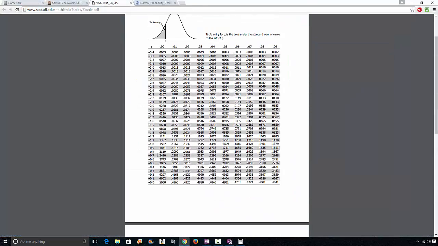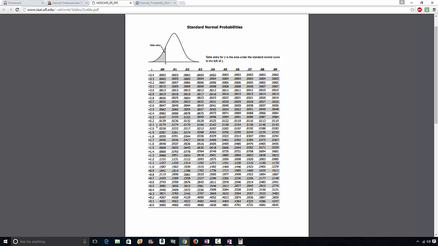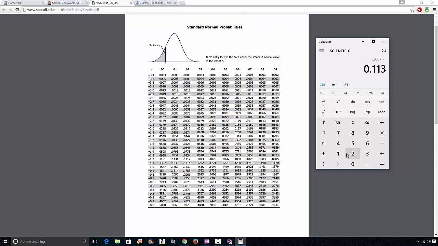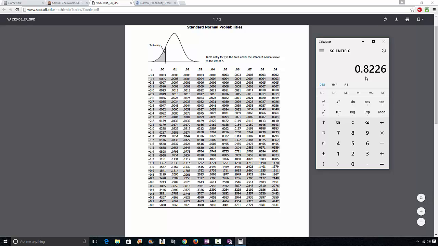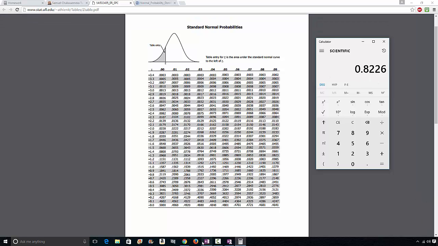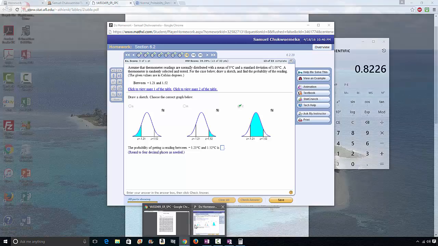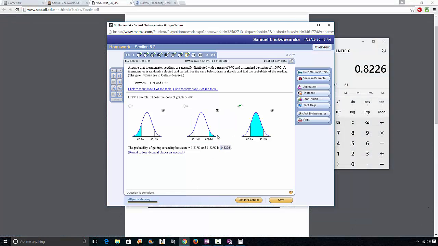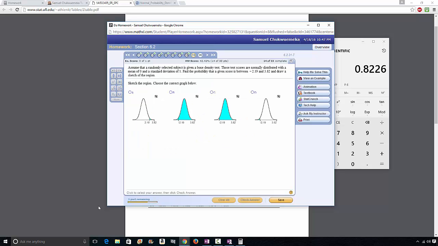Negative 1.2 under 0.01, so 0.1131. 0.9357 minus 0.1131, and that is 0.8226. Okay? Question 19.